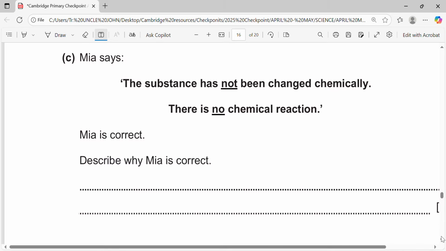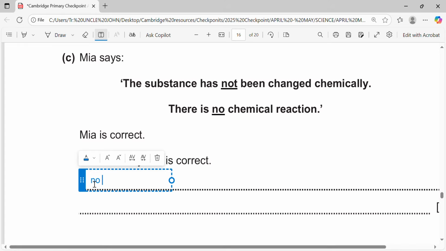C. The substance has not been changed chemically. There is no chemical reaction. Maya is correct. Describe why Maya is correct. No bubbles produced.